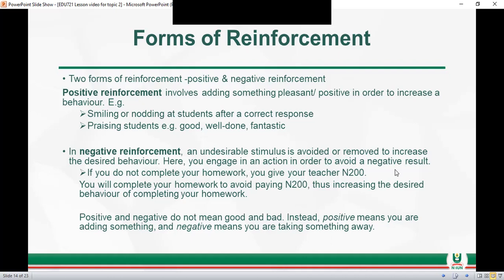Please read it, take time to read it because the time allowed for this lesson video might not cover everything that you need to know about this topic. So take time out to read your lesson notes. There are other several examples I've provided in that lesson note. It will be good for you to read them.